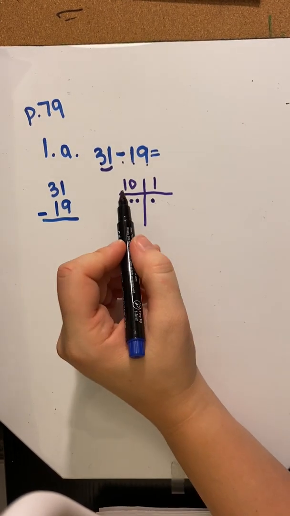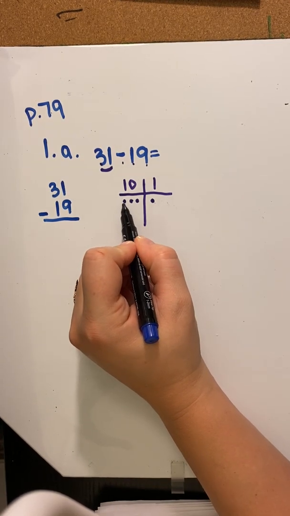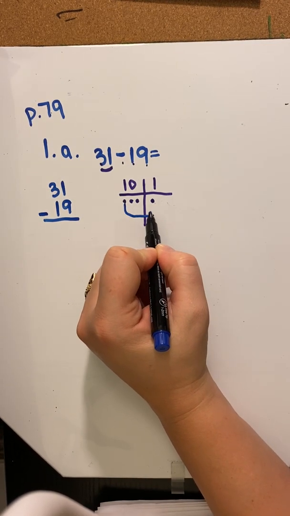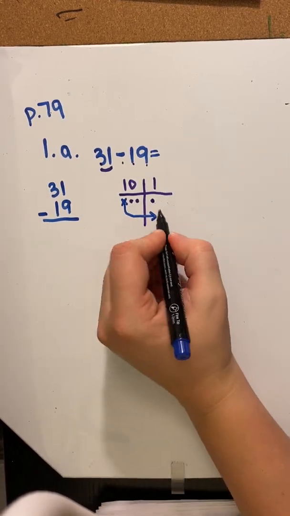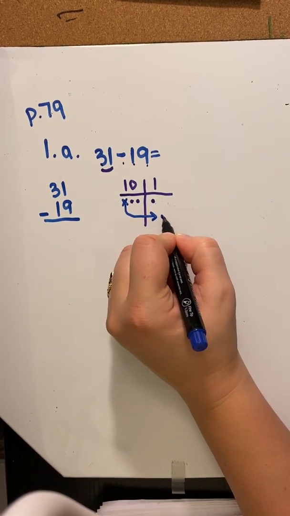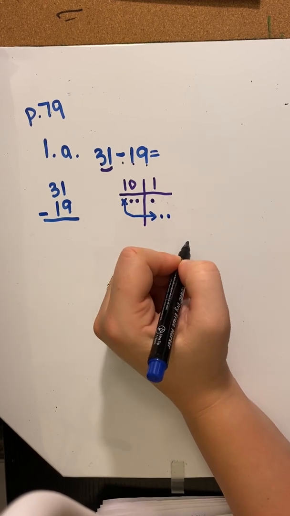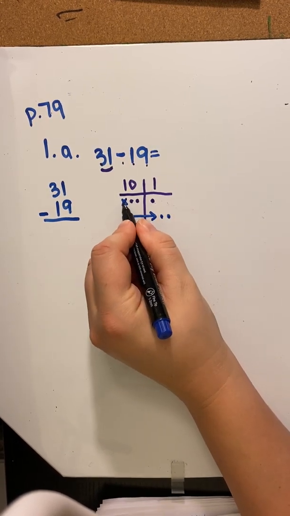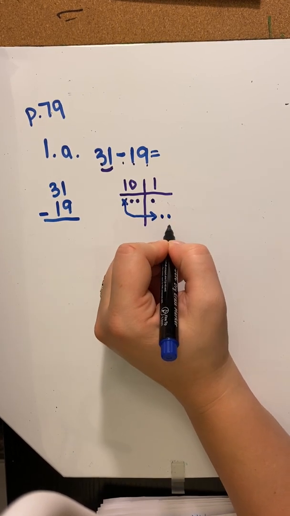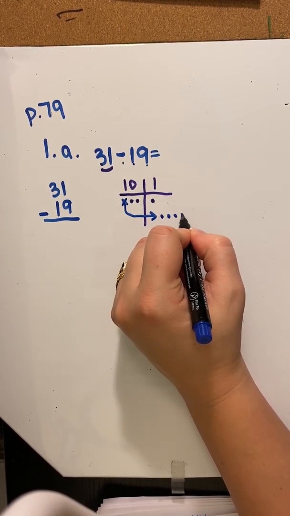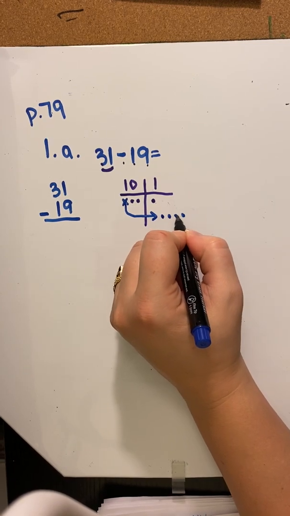Okay, so we are going to do that by taking this one and moving it and taking it apart. So all the 10 ones that were bundled to make this 10, it's still here, but now we are going to take the bundle apart and move it to the ones side.